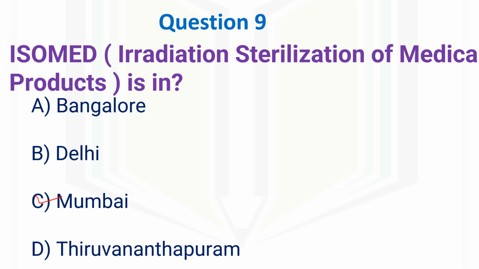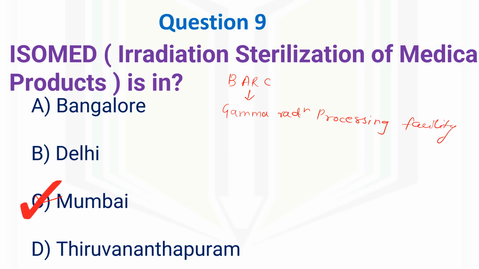So it is located in the Chembur district of Mumbai, Maharashtra, and it is a facility under BARC, that is Bhabha Atomic Research Centre, and it is a gamma radiation processing facility for healthcare products.